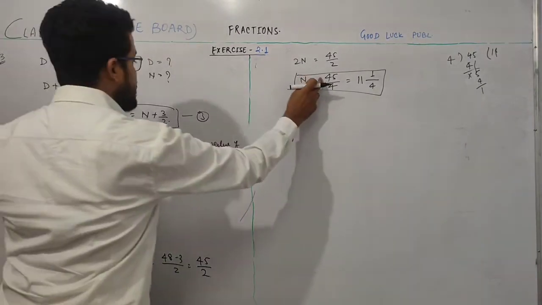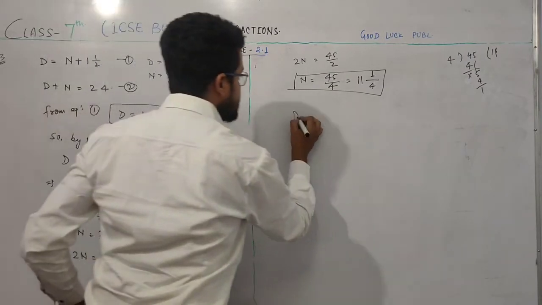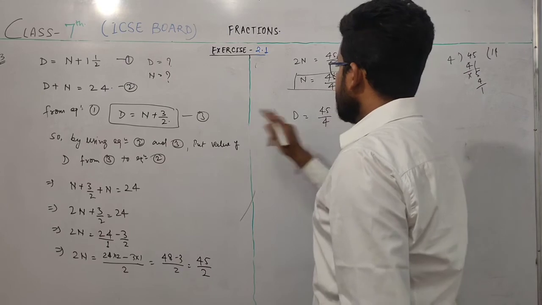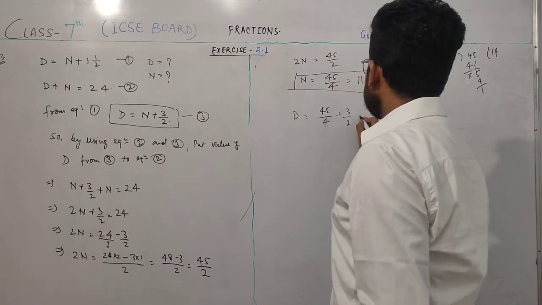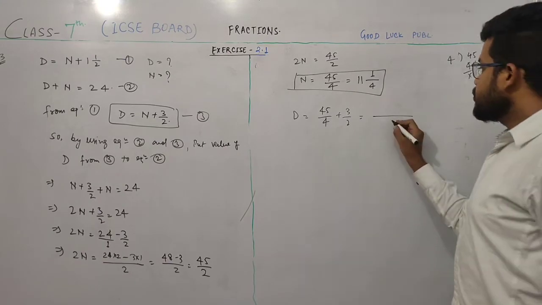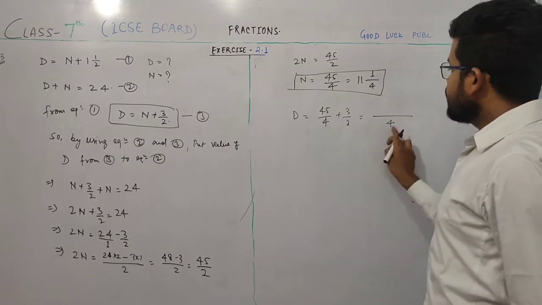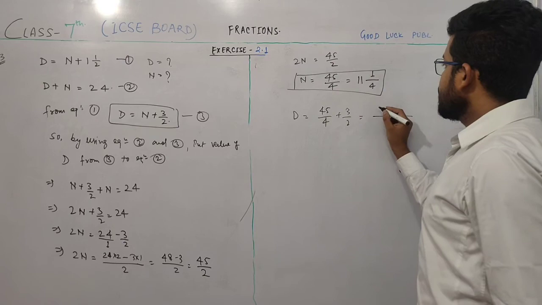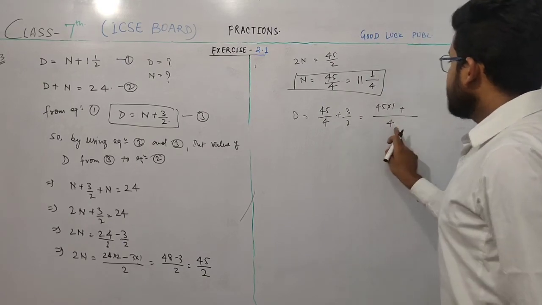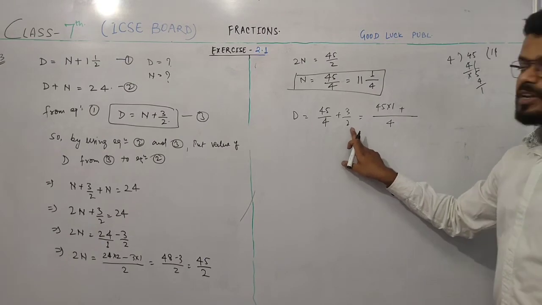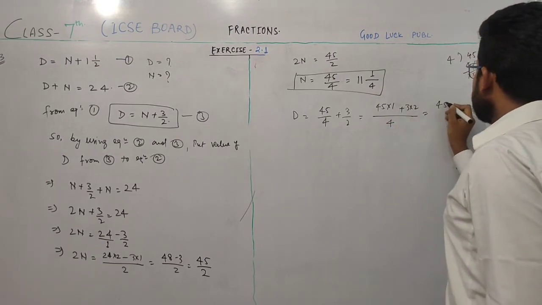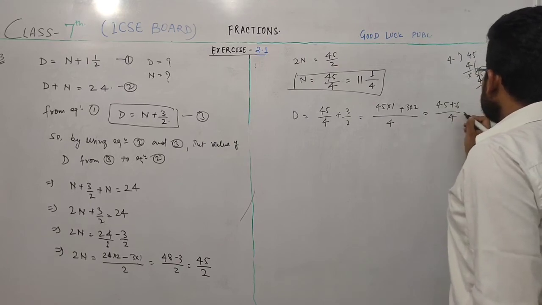If I put this value here, day is equal to night, which is 45 by 4, plus 3 by 2. So again I take the LCM of 4 and 2. The LCM of 4 and 2 is 4. I divide 4 by 4, I get 1, so multiply 45 into 1, and plus I divide 4 by 2, so we get 2. I multiply this 3 with 2, so this is 45 plus 6 by 4.